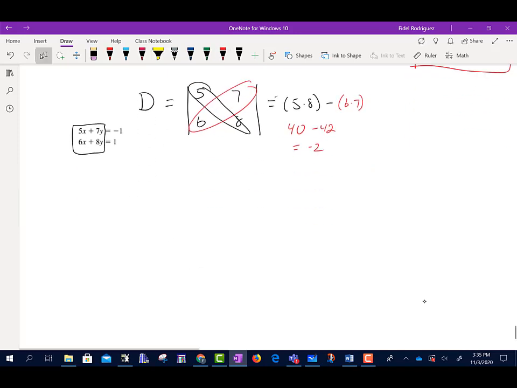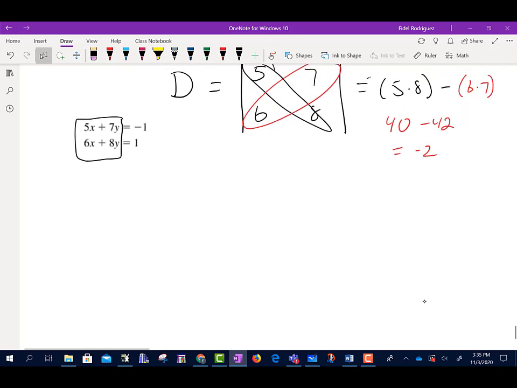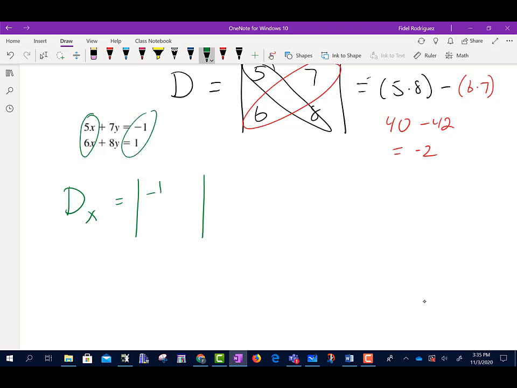So now, tell you what we're going to do. Now that we've done that, let me clean this up. We're going to find dx. What dx says is let's replace the coefficients of the x's with these here. So I'm going to go -1 and 1, and then my y coefficients will stay the same.